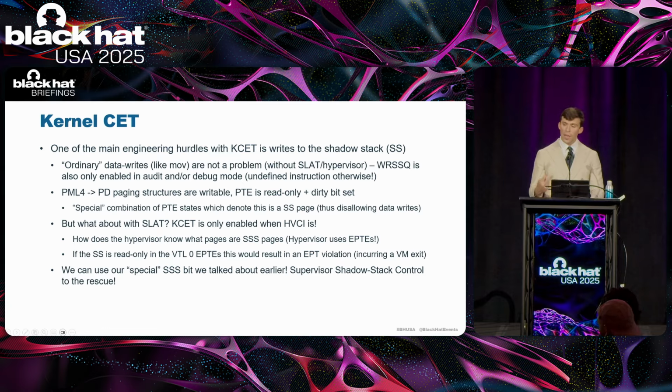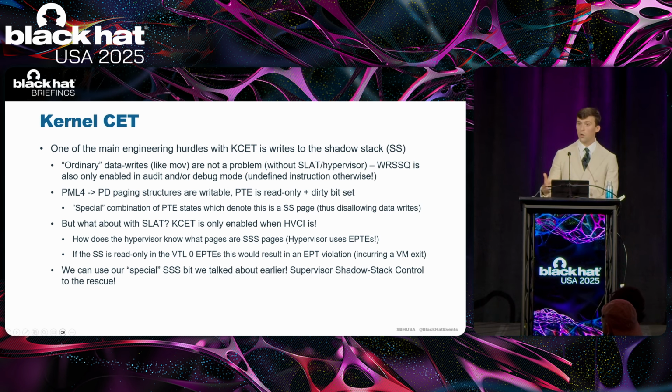But number two, if a call pushes a return address onto the stack, and a return address onto the stack goes on a shadow stack that's read-only, that's going to cause an EPT violation because that's a read-only region of memory. What's that going to do? That's going to do a VM exit. We don't want to do a VM exit every single time a call happens in kernel mode.